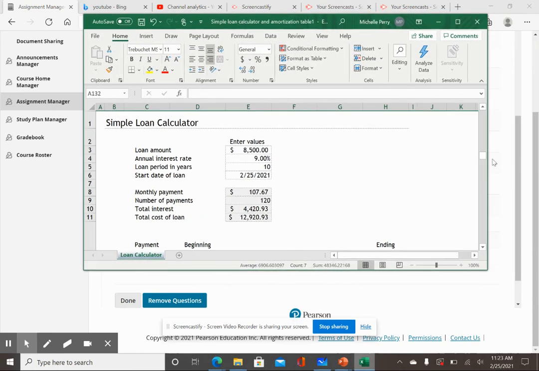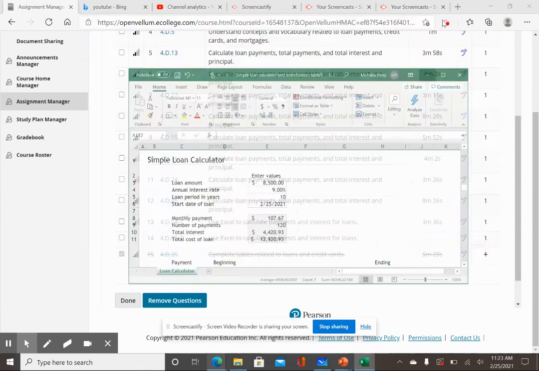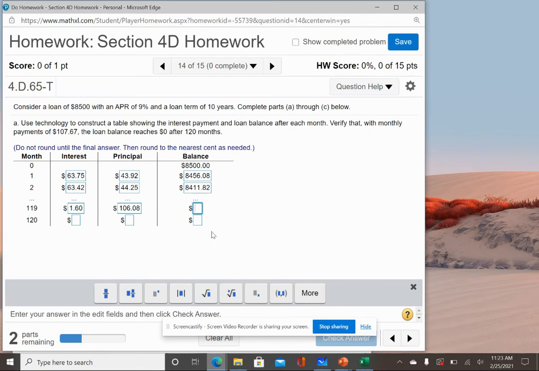Just really quickly, I'm just going to come down here. No, it's not 119. It should be 106.87. Sorry, 106.87. So let me come back over here and find my problem that we were working with. I'm going to minimize. There it is.